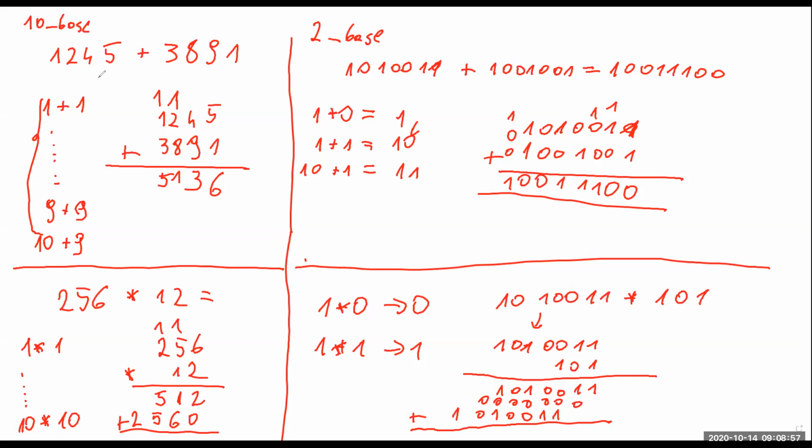It can be a fraction or an integer value. It doesn't matter. We can perform arithmetic operations on that. So therefore, in computers, we use the binary system.